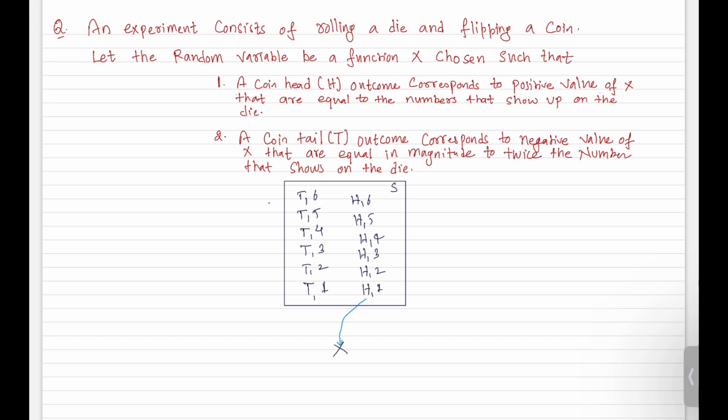And this random variable will take the input and map it according to this statement. This outcome will get mapped on the real line at 1.